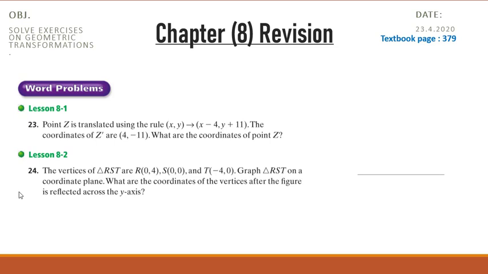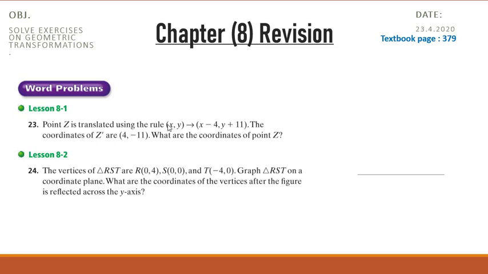Okay, Abdullah. We have here the point Z, and we have the rule of translation. The image will be Z prime. Now, we don't have the coordinates of Z. We have the coordinates of Z prime. We need to find the coordinates of the original point. What do you think we should do? Instead of x minus 4, we write x plus 4. Excellent.